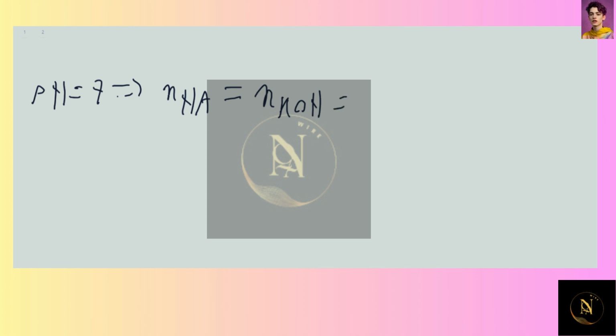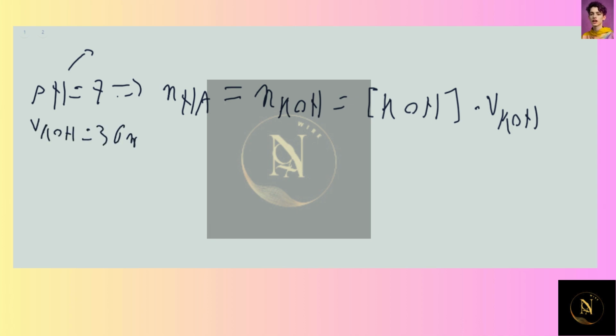Of course, this number of moles is equal to the concentration of KOH times the volume required to reach pH equals 7. Again, you're adding a base, KOH, onto an acid, so the pH can only go up. So if you do a simple graphic interpretation, just project your curve on the x-axis. You'll get V KOH equals 36 milliliters.